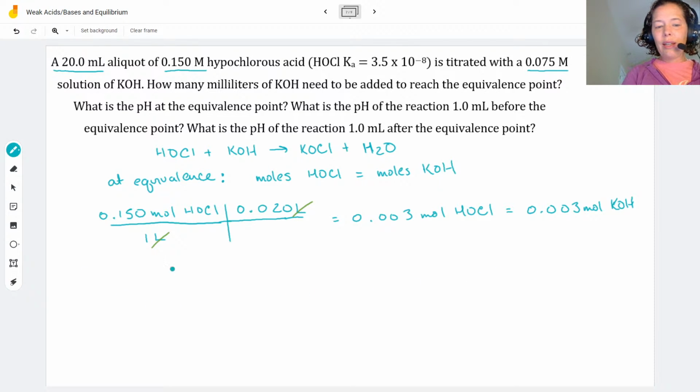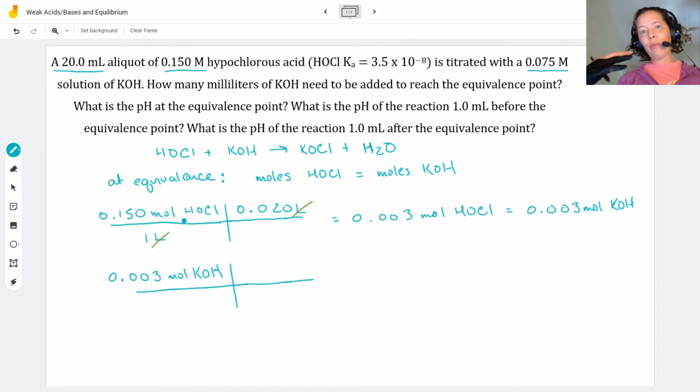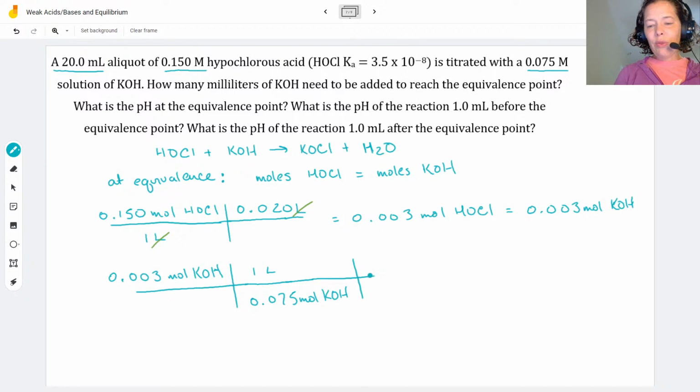All right, so same thing. Here are my moles of potassium hydroxide. Again, really, this is all just dimensional analysis. It really, really is. I've got my concentration. Again, I'm going to write it like this. So I split apart the concentration into liters and moles: 0.075 moles of KOH per liter. And then because we want milliliters, I will throw in a milliliters conversion.